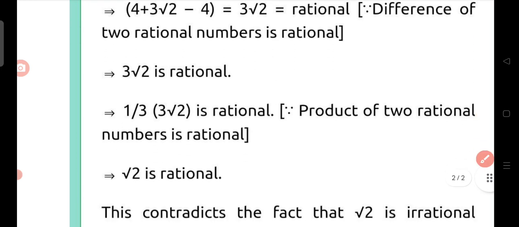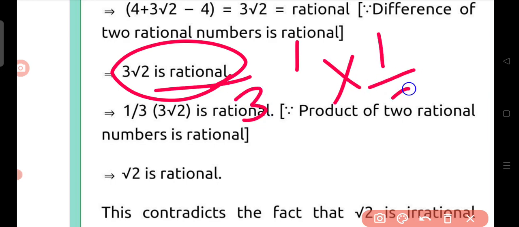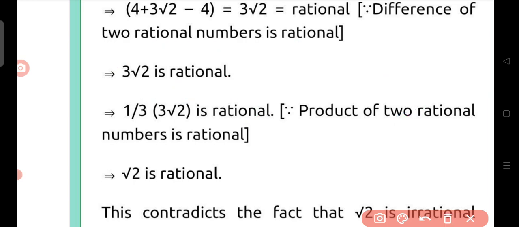Now if we divide this by 3, or we can say multiply by 1 upon 3, then we have also seen that if we multiply two rational numbers, then the resultant number will also be a rational number.